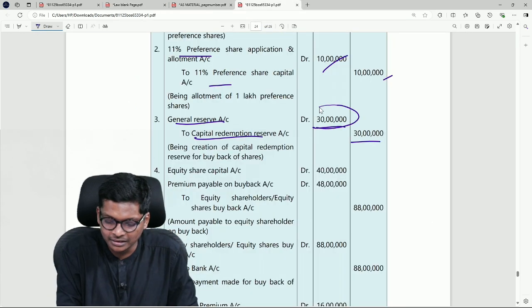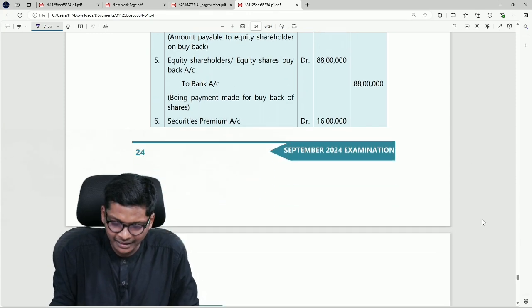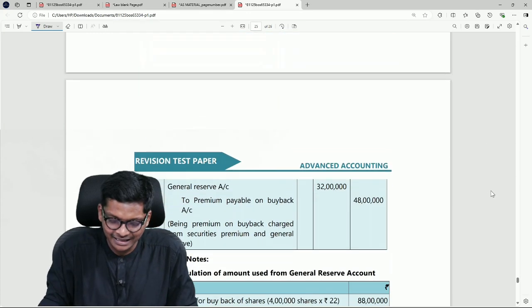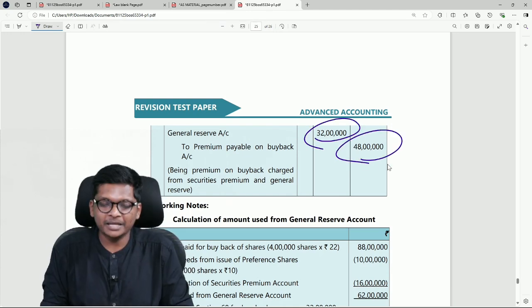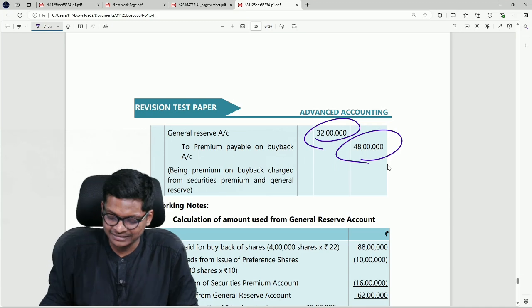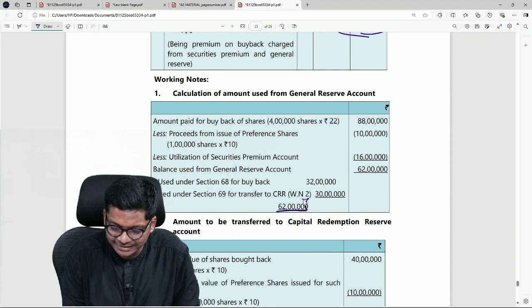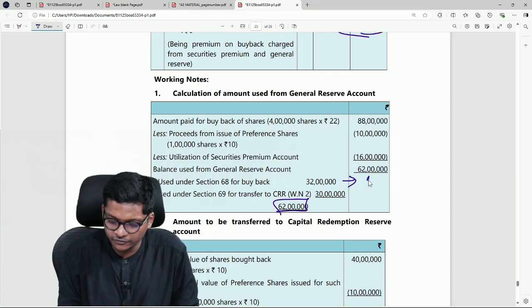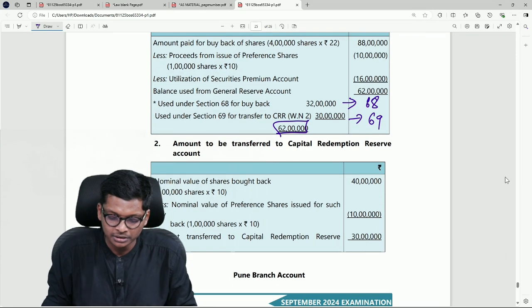Look at this, 30 lakhs for CRR, and now I will pass SP account debit 16 lakhs, general reserve account debit 32 lakhs, to premium payable 48 lakhs, guys. So total usage of general reserve is going to be 62 lakhs for me, 32 lakhs for the purpose of buyback as per 68, 30 lakhs as per 69 for transferring to CRR. This is about this question.